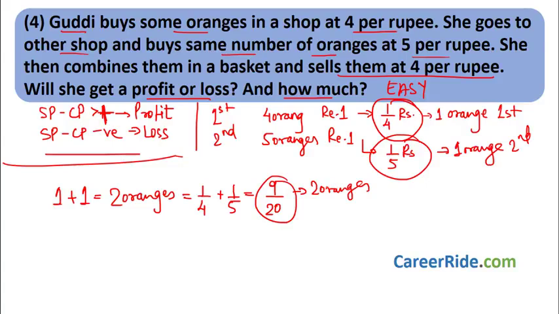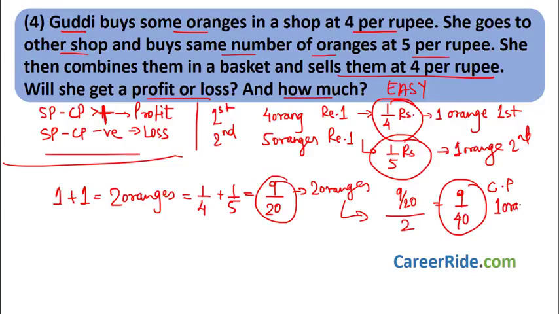Now while selling, she does not sell them separately. She sells them combined. So what will be the price of one orange? We know 2 oranges' price is 9 by 20. Simply 9 by 20 divided by 2, right? So that would be 9 upon 40. That means the cost price for Goody for one orange in total, when she combines the oranges from both the shops, is nothing but 9 by 40 rupees.